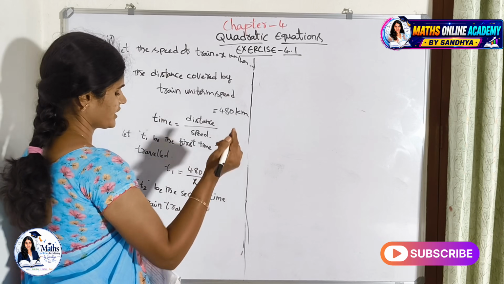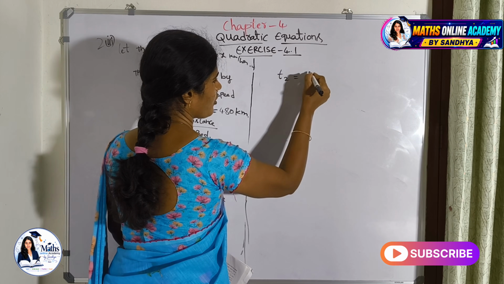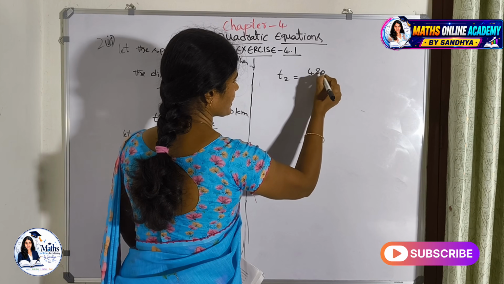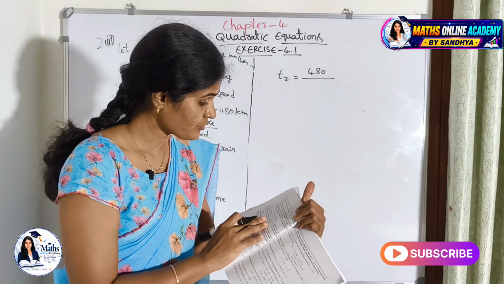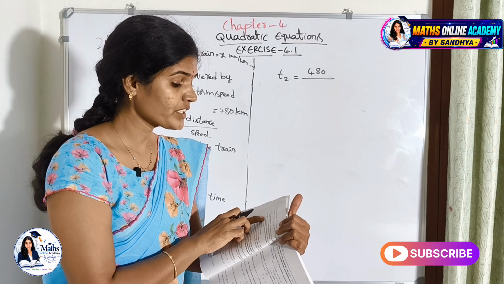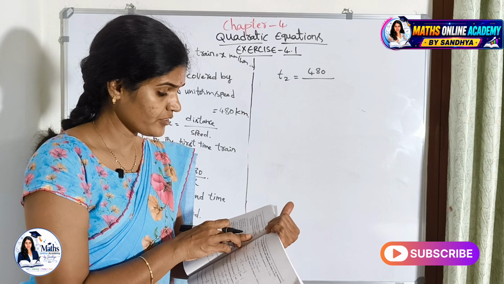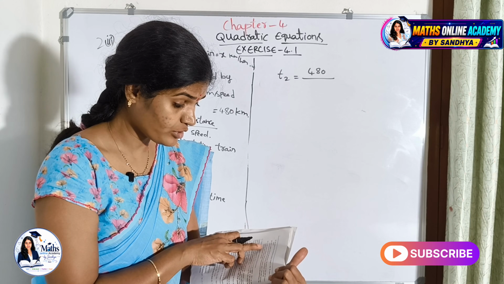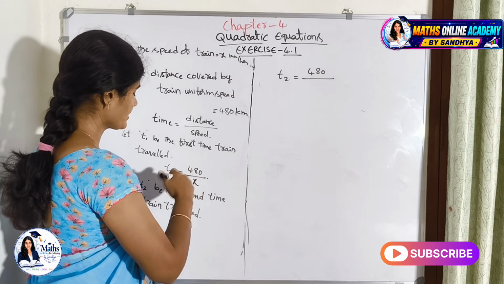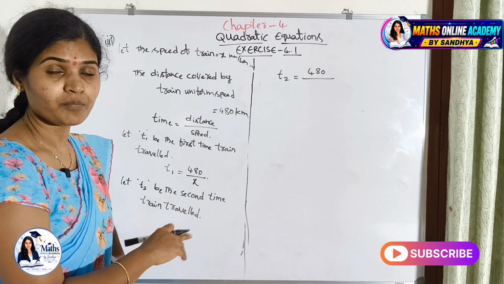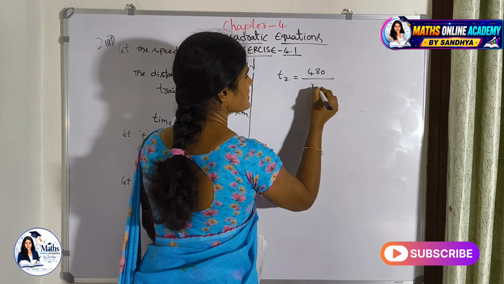Same way, T2 equals what? The distance is 480, the same distance. But here it is mentioned the speed is 8 km per hour less. Actually we are taking x, but the second time it is 8 km per hour less, meaning x minus 8.